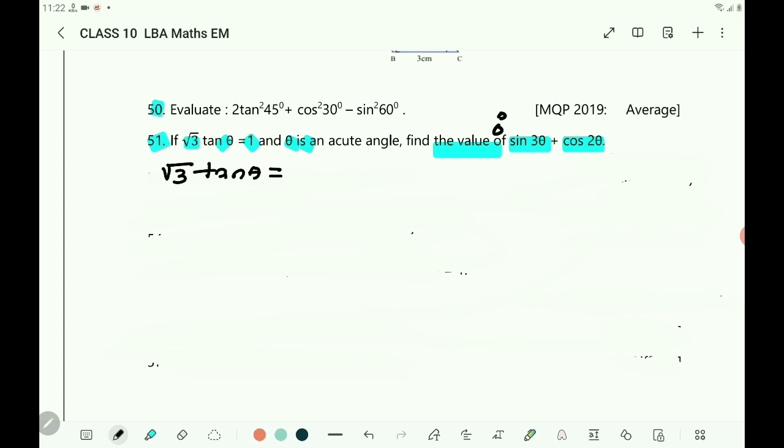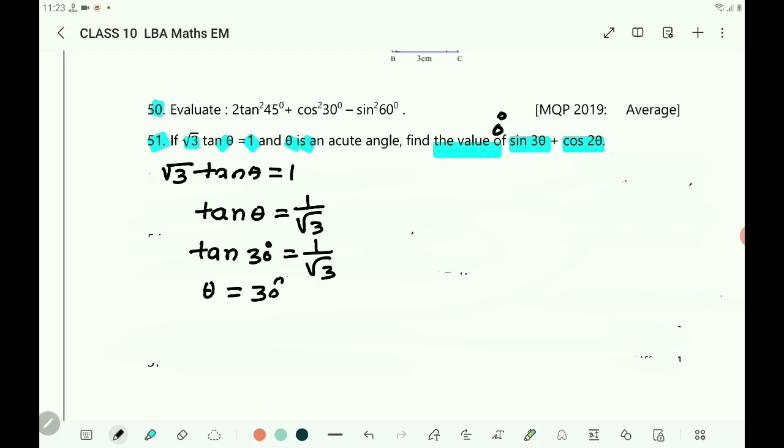Then tan theta is equal to 1 by root 3. You know that tan 30 degree is 1 by root 3. So theta is equal to 30 degree.